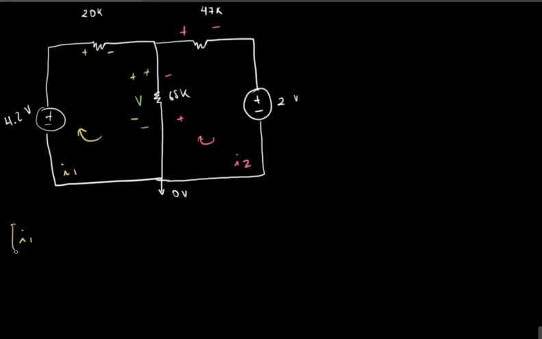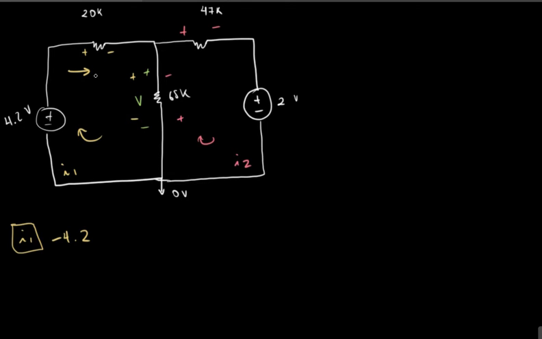So I'm just going to say this is my first equation. As you can see, it's against the sign convention because it's entering the negative and it's exiting the positive, which means I'm going to say that's a negative 4.2 because it's against our sign convention. That's the first, and then the next element of that mesh is the 20K resistor.